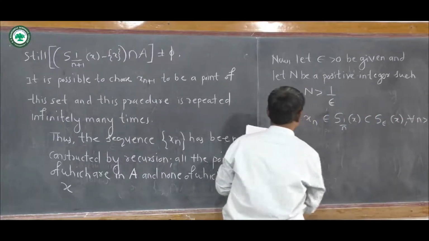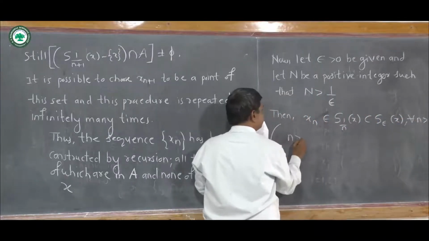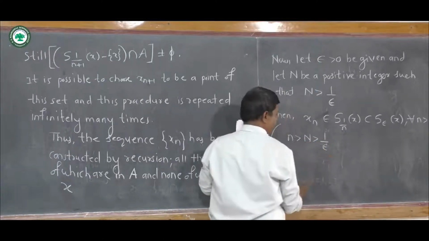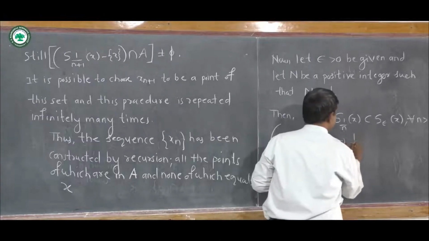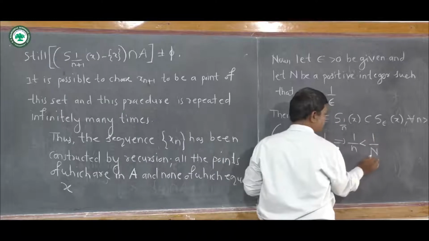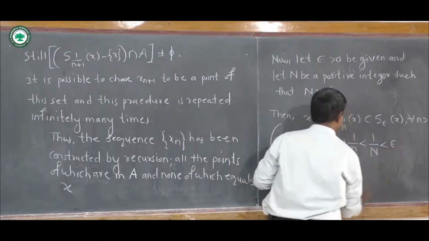Now remember, n is greater than N here, and this N is greater than 1 upon epsilon. So this implies that 1 upon n is less than 1 upon capital N, which is less than epsilon.